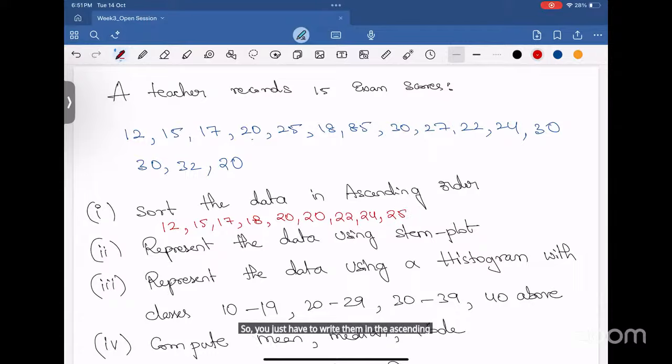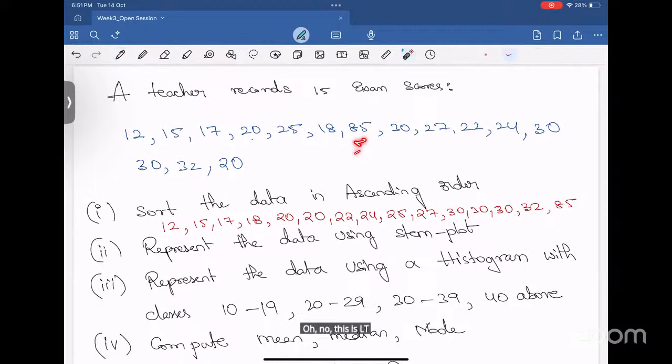That's it. 25, 27, then 30, 30, 30, and then 32, and 35. No, it's 85. So there is no 85, I think. Only 35 will be there. Oh, this is 85, no? Oh, okay. Oh, sorry, sir. Yeah. So done with first 4.